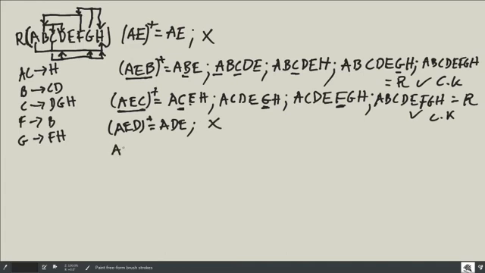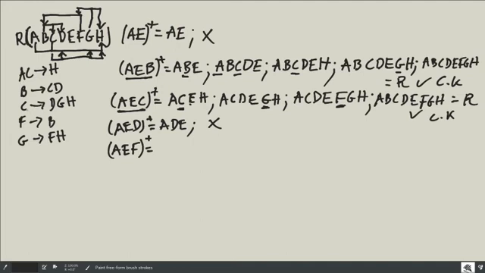Let's do now AE with, well, with E doesn't make sense because I have it here, with F. So AEF takes me to AEF, so it's trivial, I'm going to write it. So AEF, do I have AC? No. Do I have B?